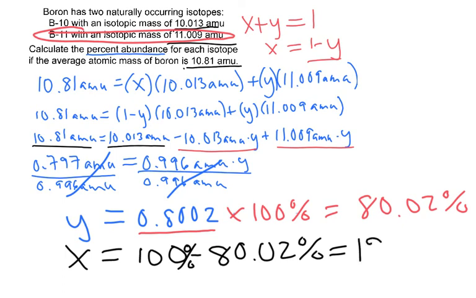And we get 19.98%. So boron 10 contributes 19.98%, while boron 11 contributes 80.02%.